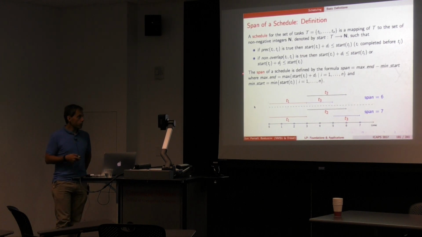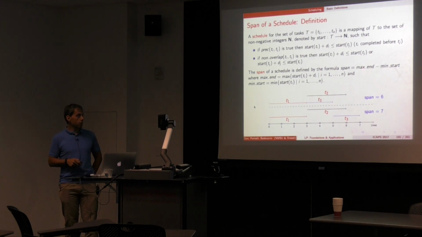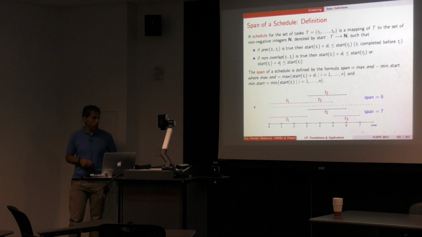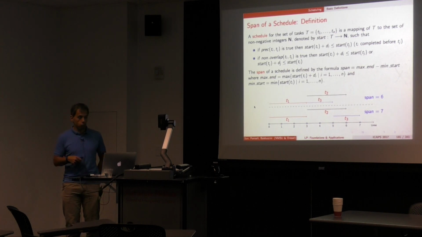On top of that, we can define the span of a schedule as the difference between the maximum end time of the tasks in the schedule and the minimum start time of the tasks in the schedule, where maximum end and minimum start are defined in a straightforward way.